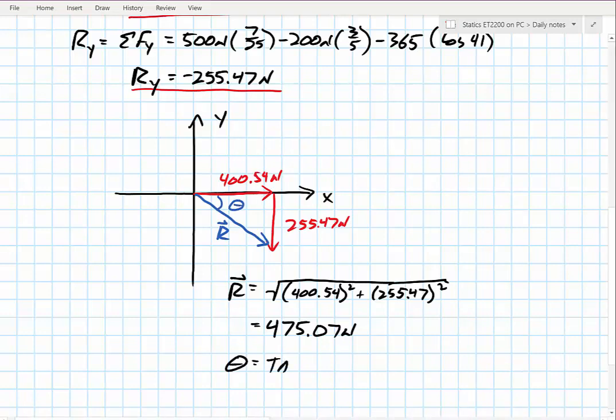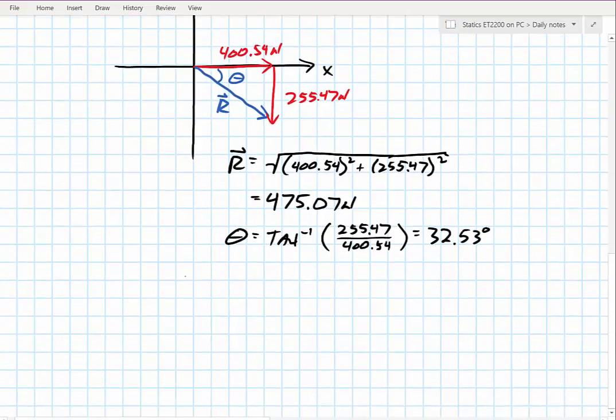And then to get the associated angle inside here, going back to my trig functions, I know I can take the inverse tangent of the opposite, 255.47 over 400.54. And that gives me 32.53 degrees.